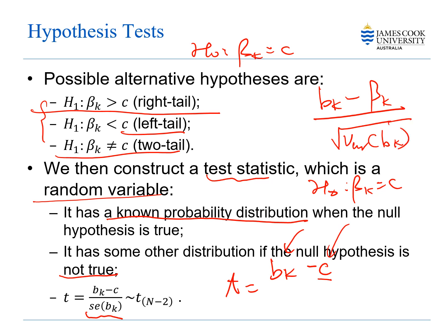Okay, so under the null, this beta k is equal to c. So let's replace beta k by c.